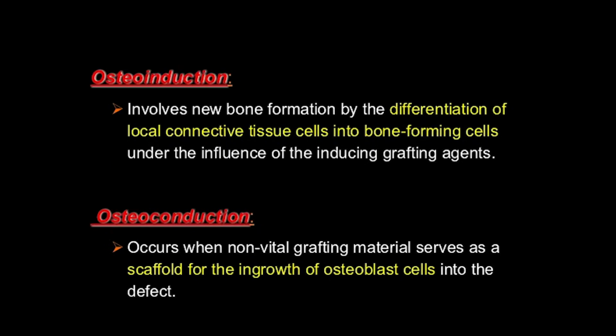Osteoinduction involves new bone formation by the differentiation of local connective tissue cells into bone forming cells under the influence of the inducing graft material. Osteoconduction, which is considered the least favorable type for bone formation, occurs when non-vital grafting material, whether allograft or xenograft, serves as a scaffold for the ingrowth of osteoblast cells into the defect site.